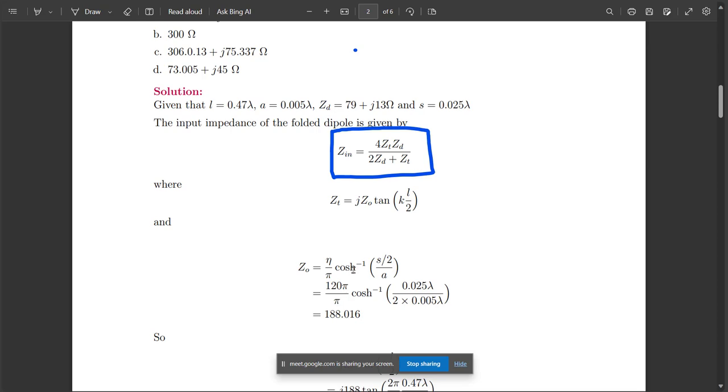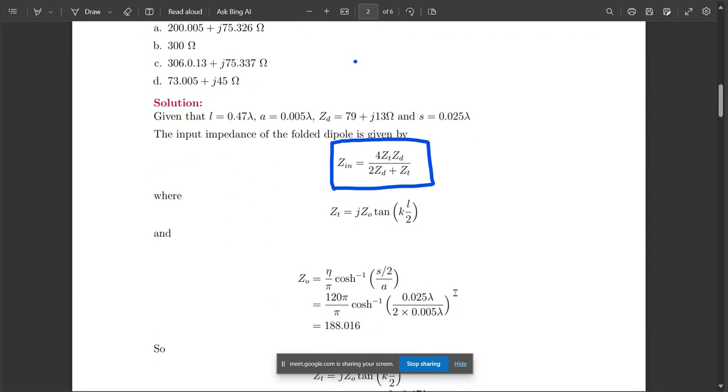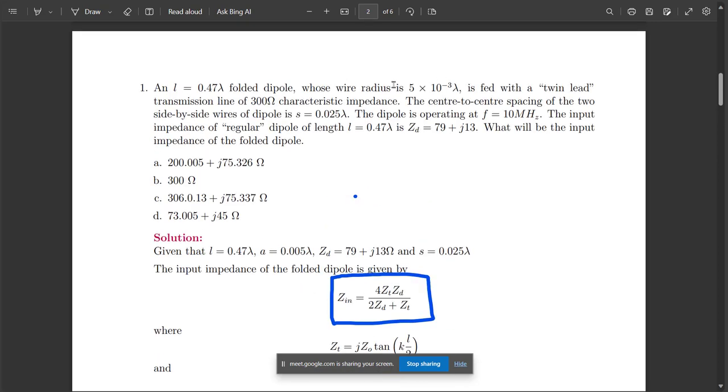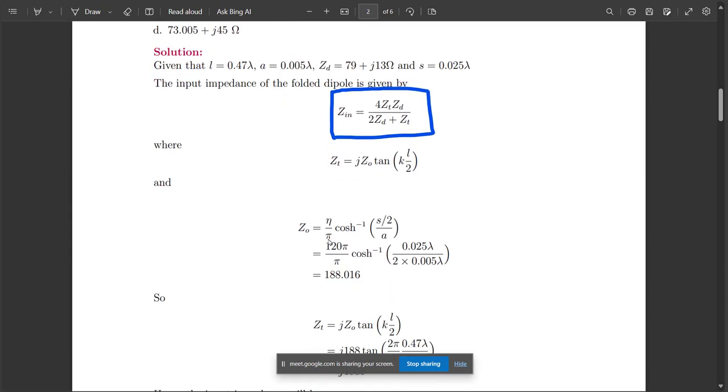S is 0.025 lambda, so you put that divided by 2 into A. A is the wire radius, which is 5 into 10 to the power minus 3. So here Z naught is 188.016, which is the characteristic impedance.